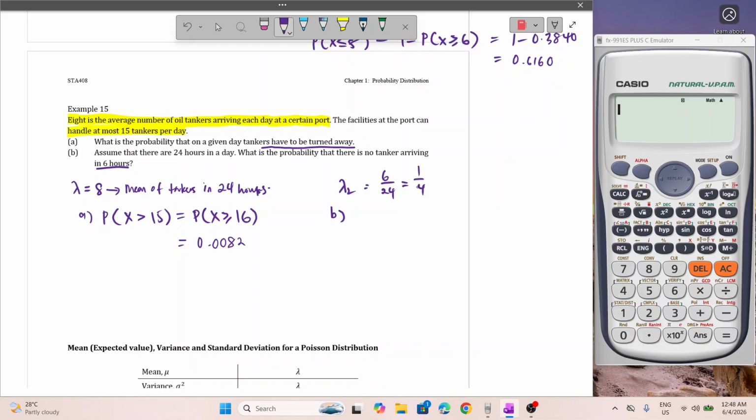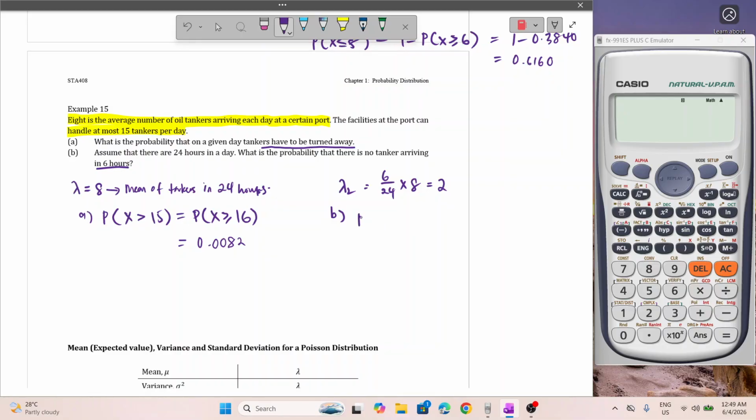So this 1 over 4 needs to be multiplied with 8, the actual mean in 24 hours. So we rewrite this as 6 over 24 times 8. This is equal to 2, so this is the new mean.